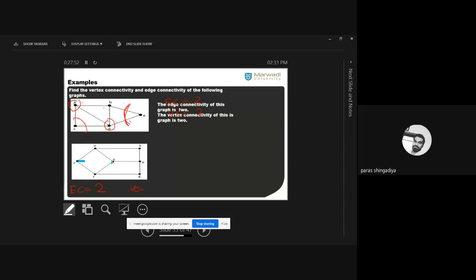Okay, C को delete करो, then D and then E. It is disconnected. But we can also make the graph disconnected by only two vertices. By D and E. So if we delete D and E, these are the edges we will delete. Now observe the remaining part. That is still connected.